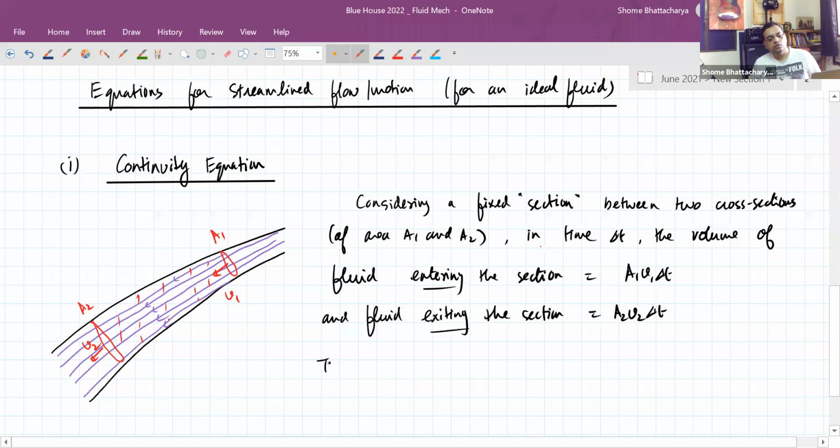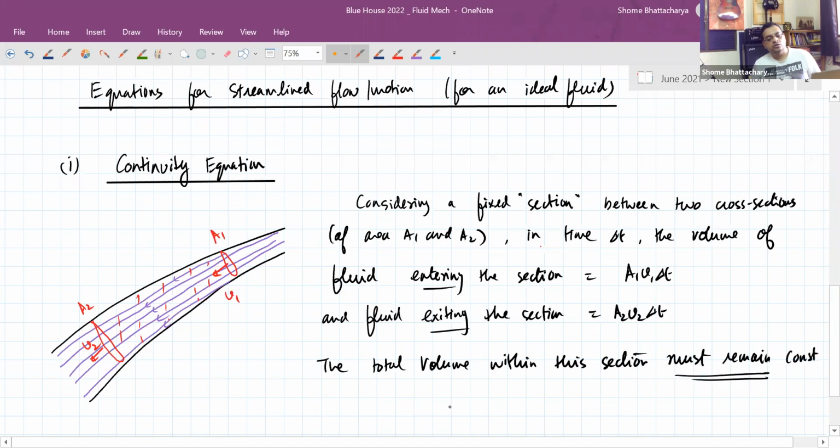Now, the total volume within this section must remain constant. So therefore, the volume entering must be equal to the volume going out. So A1 V1 delta t must be equal to A2 V2 delta t for any length of time.